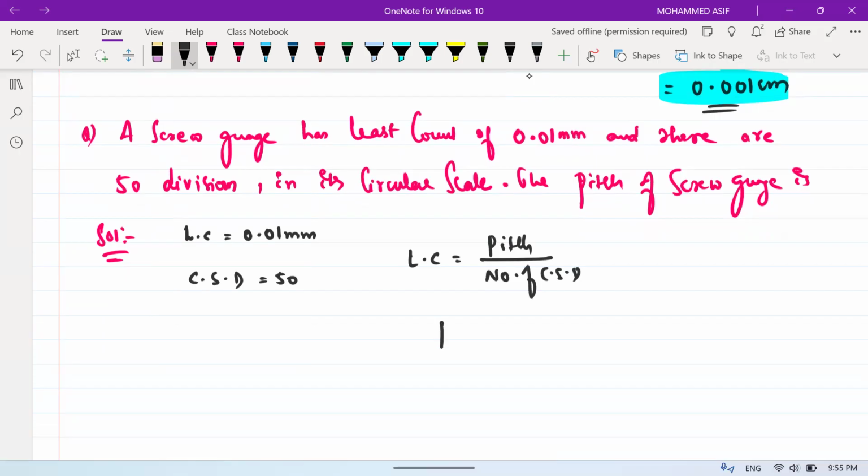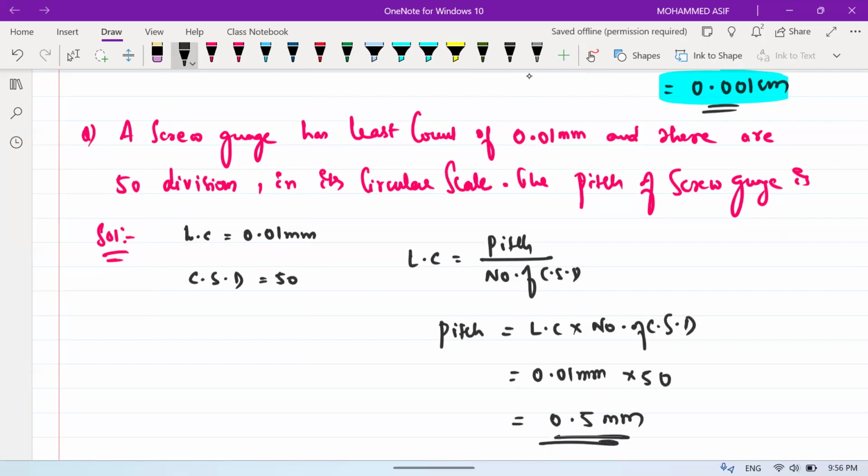We are asked for the pitch, so pitch is equal to least count into number of circular scale divisions. Least count is 0.01 mm multiplied by 50 divisions. How much will it be? 0.50, so 0.5 mm. Very good. Am I clear?